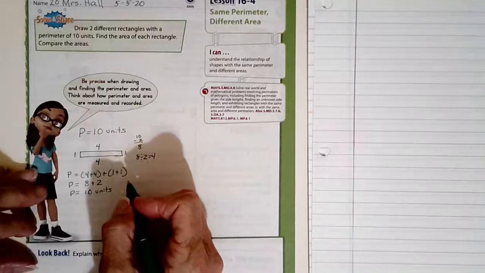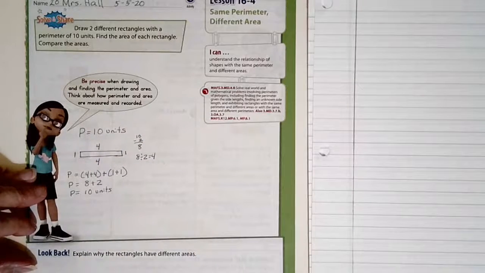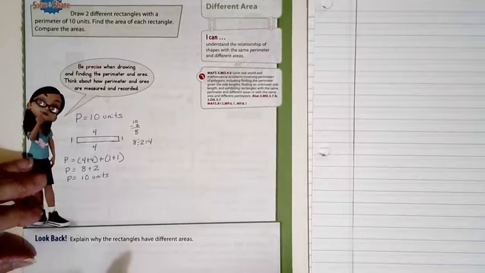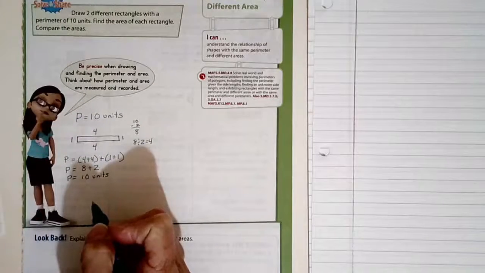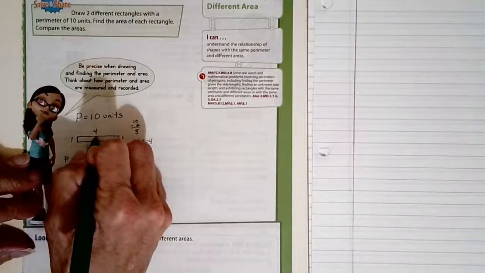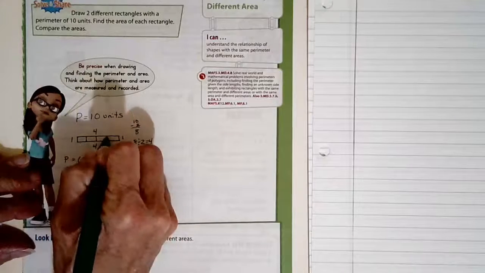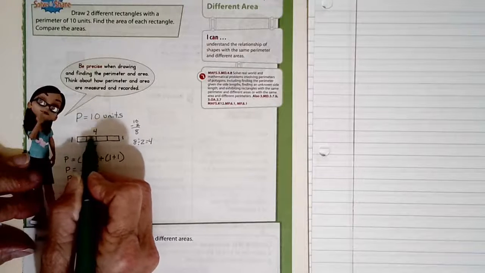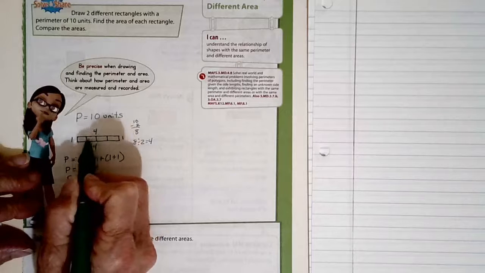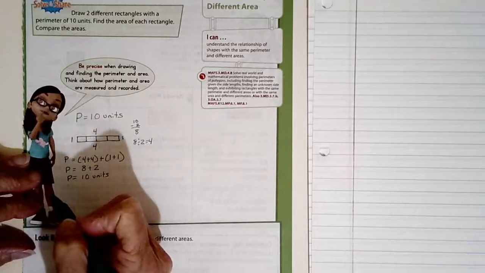But now I need to also find the area. Remember, area is the amount of space that's in the figure. So if I look at 4, I could draw my lines to show you I have 1 unit width here and 4 unit widths there. How many square units are on the inside of my shape?